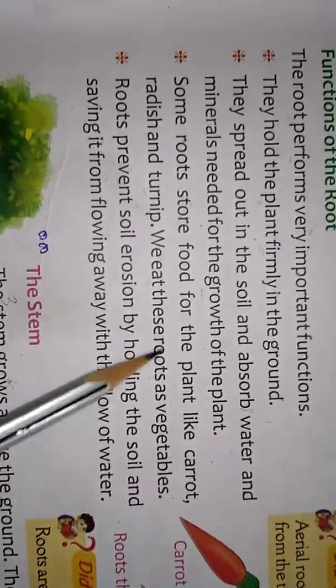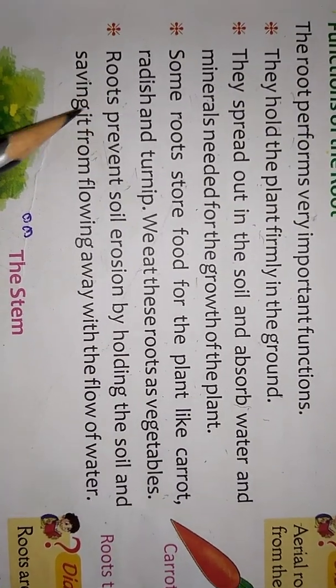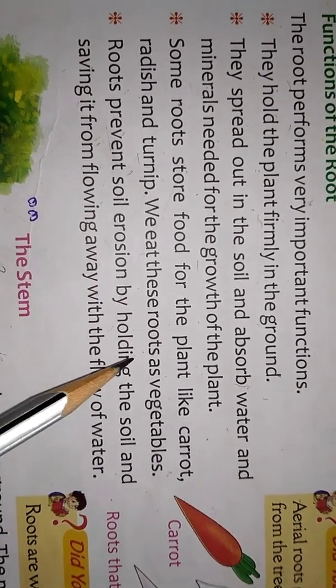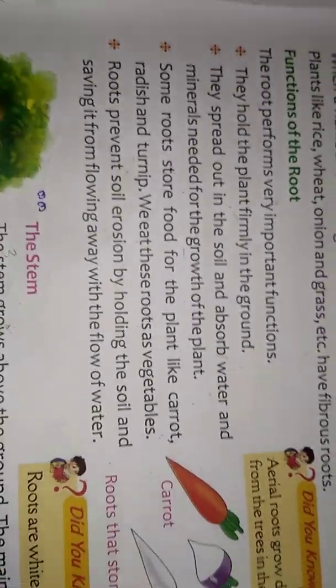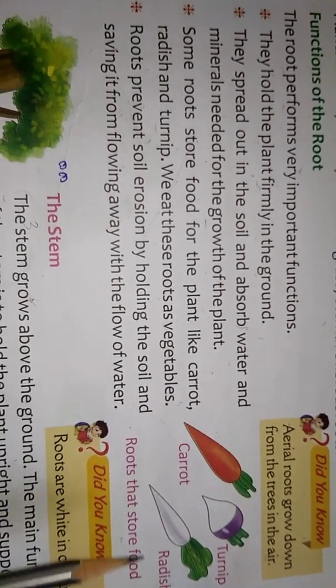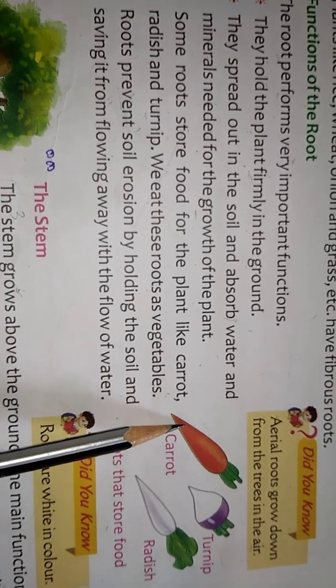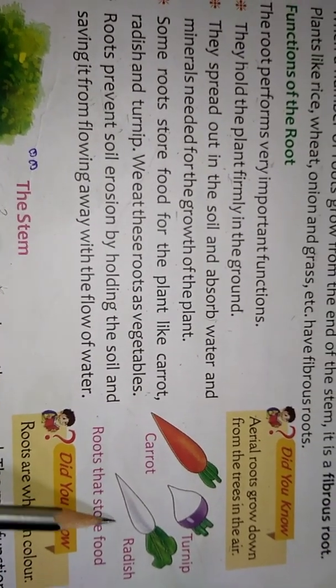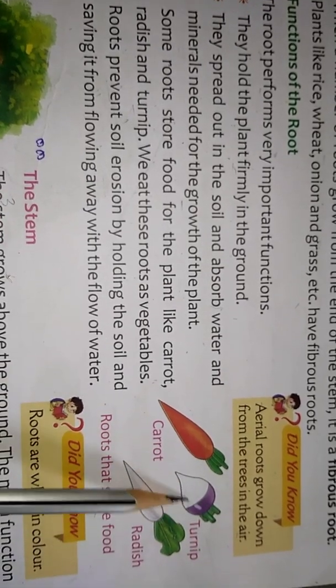Some roots store food for the plants, like carrot, radish and turnip. We eat these roots as vegetables. You can see here carrot, turnip and radish. Most probably everyone knows carrot. Radish also. Turnip, sometimes we can hear this name.